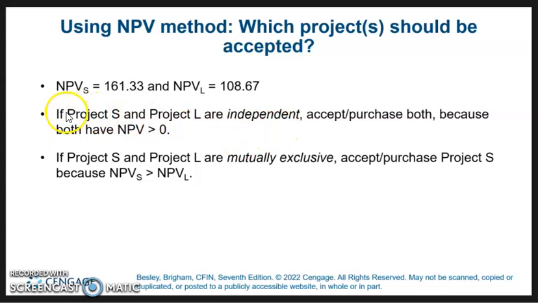So if the projects are independent, then you would accept or purchase both because they both have positive NPVs. If they're mutually exclusive, you would accept Project S because the NPV of Project S is greater than the NPV of L.